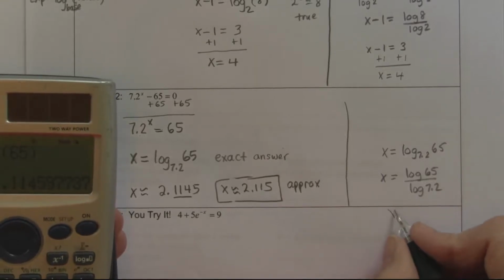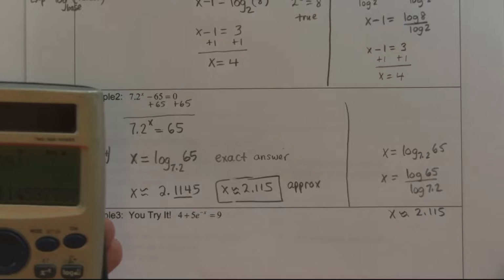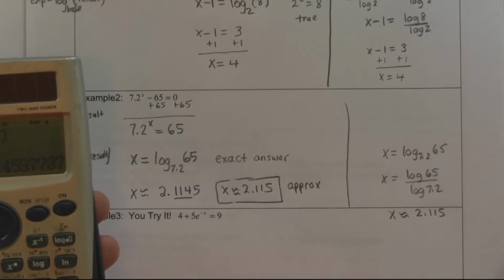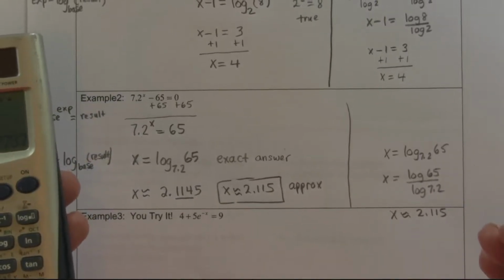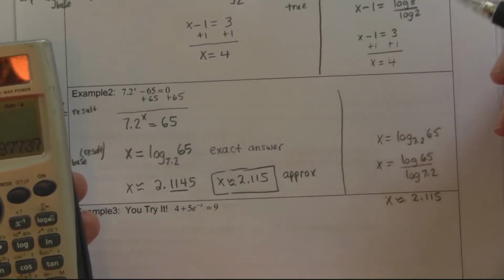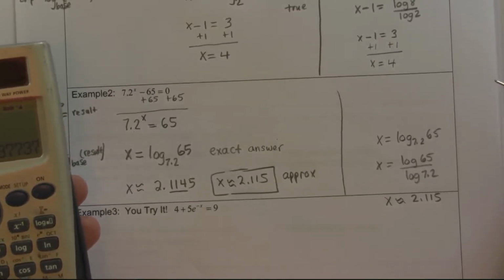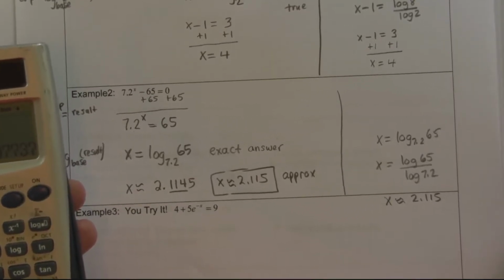And then you will get the same answer. Log is approximately 2.115. So you don't have to solve it differently. Your book recommends solving it differently if your calculator doesn't have that, but you don't have to, you can use the change of base formula.